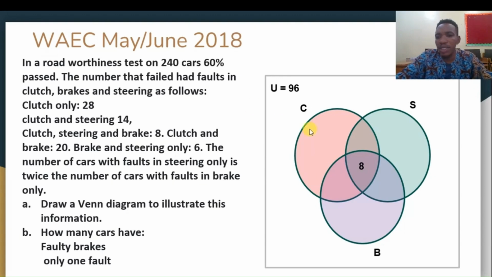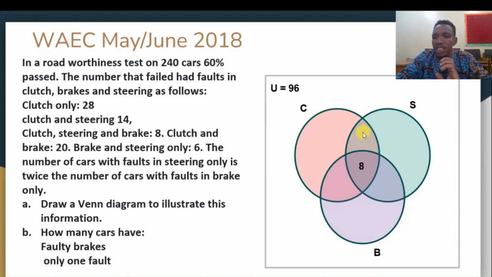Once I'm done with the middle, let me go to filling the places with two sets: clutch and steering only, clutch and brake only, and the rest. Like I said, we should take note of the word only. We use a Venn diagram to put everybody in their specific space.